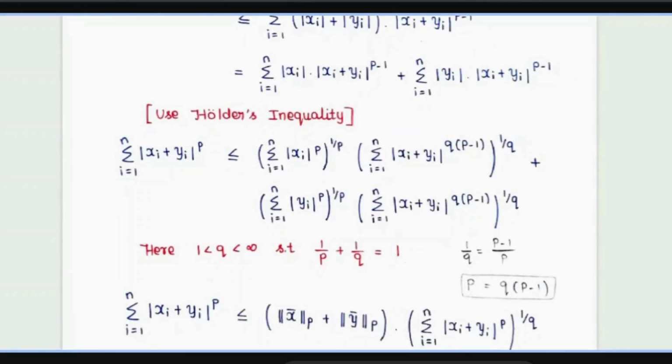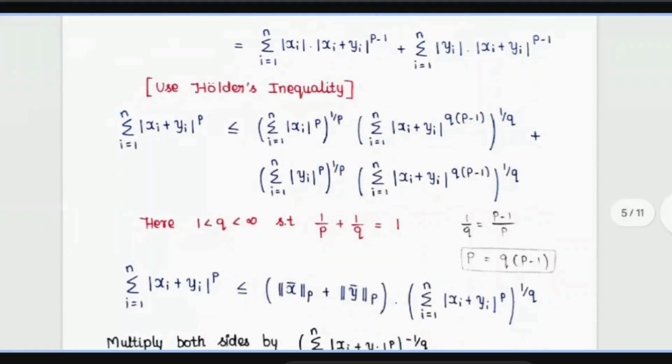Now using Holder's inequality, these terms will become (summation |xi|^p)^(1/p) times (summation |xi + yi|^((p-1)q))^(1/q). Same with the second term.